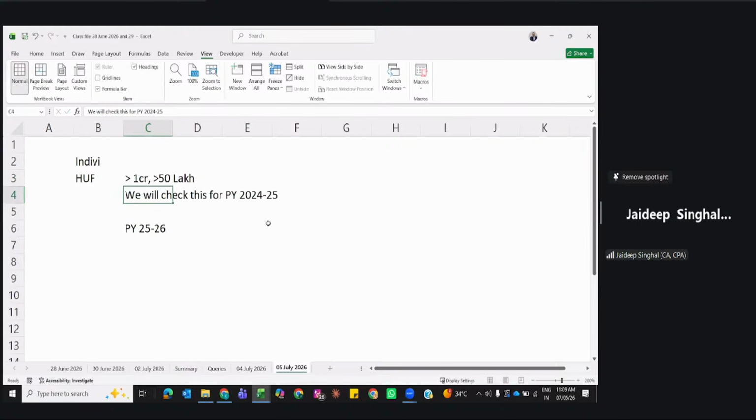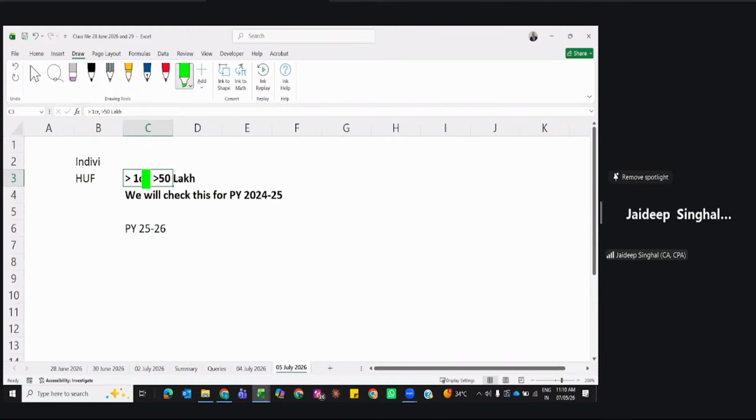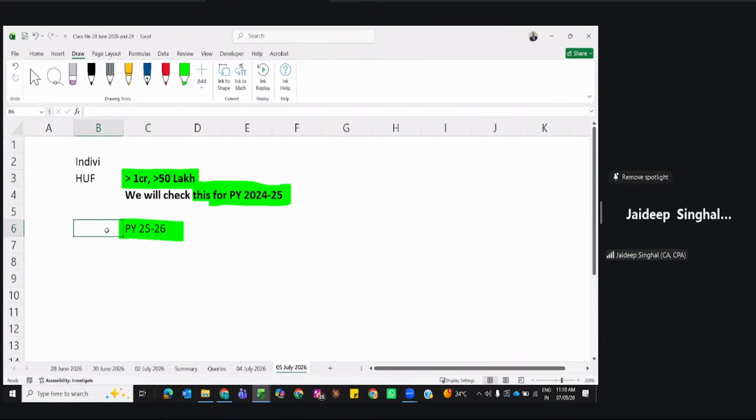Clear? This is for the last year we check turnover. Based on that, it is applicable in the current year. Clear? So this is one thing I had missed yesterday. These turnover limits you check for the previous year, 2024-25, because the current year is 25-26.